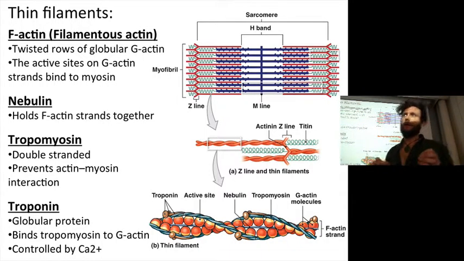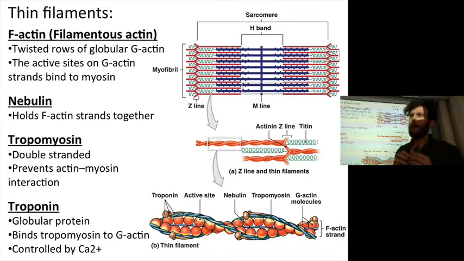Now, G-actin is a globular protein monomer that then polymerizes as a homopolymer that associates along this core protein called nebulin. 2 strands of F-actin form a helix around the central core of nebulin.